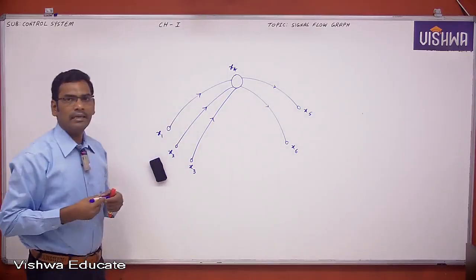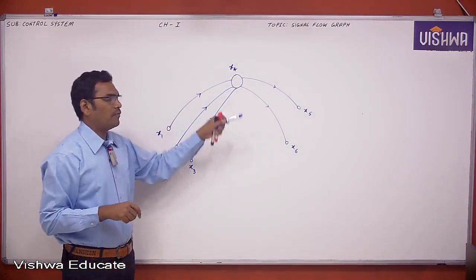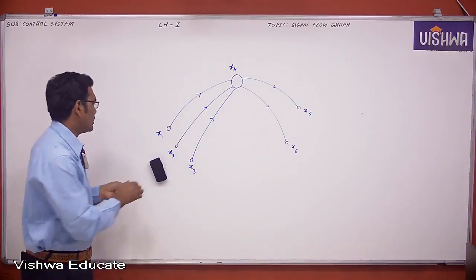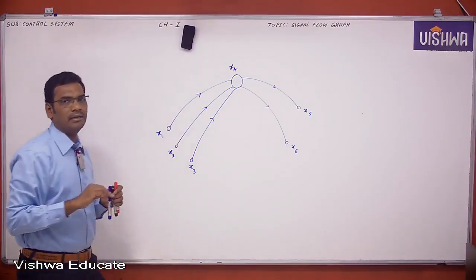Now see here, these are the nodes and this is the flow between the nodes. Now we'll try to understand the definitions of this particular signal flow graph.